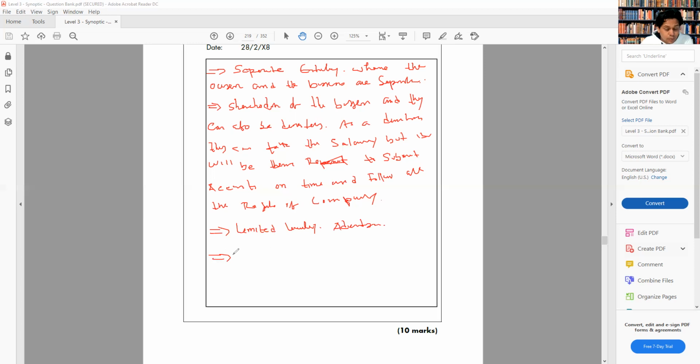The next one is the disadvantage. The disadvantage is not very straightforward. They have to follow all this regulation, which could sometimes be difficult for the organization because they have to go through all this regulation and compliance. Maybe that will have an extra cost for the business.